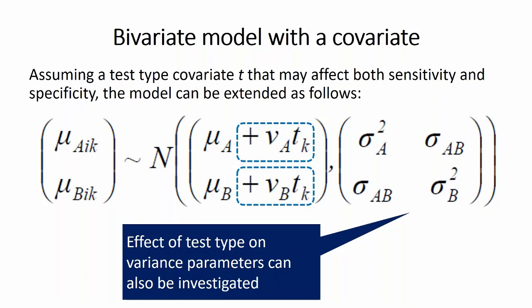Of course, the more flexibility and the more parameters you allow in the model, the more complex it becomes. And of course, you have to think, do you have enough data to be able to fit the model?